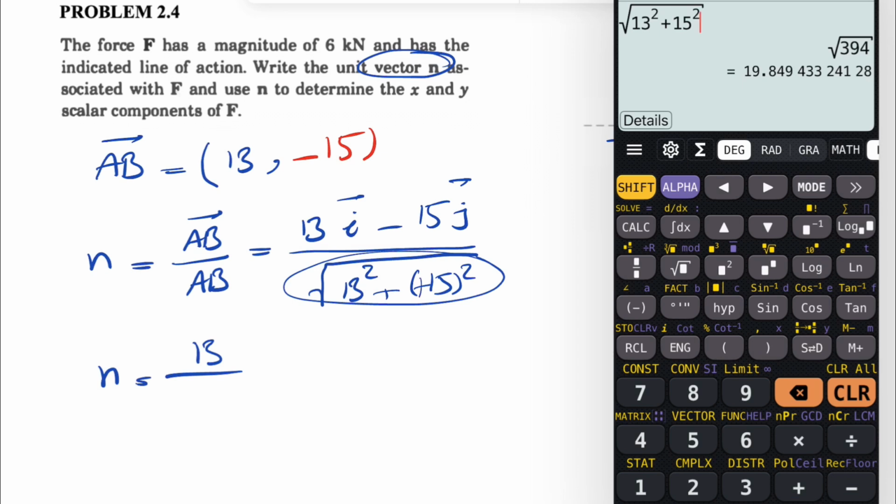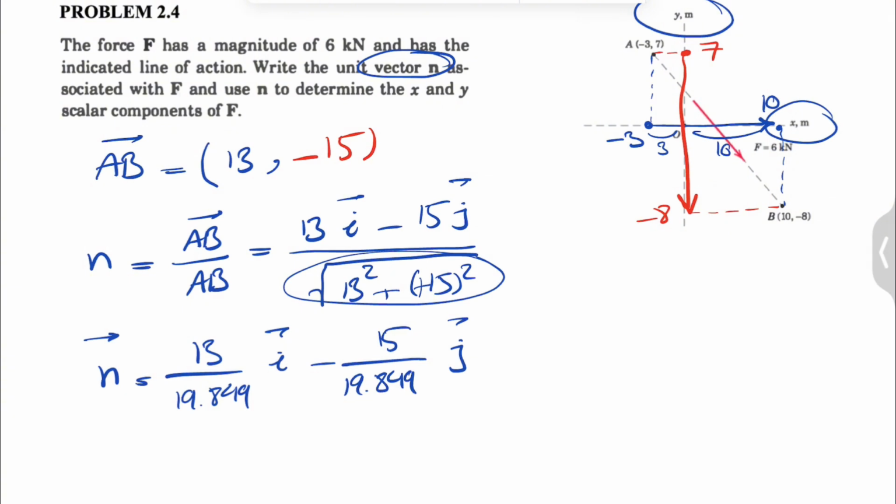This will turn to positive value. So we're going to have 19.849. That's going to be our i, and -15 over 19.849. That's going to give us the n, and our unit vector is always in vector form.